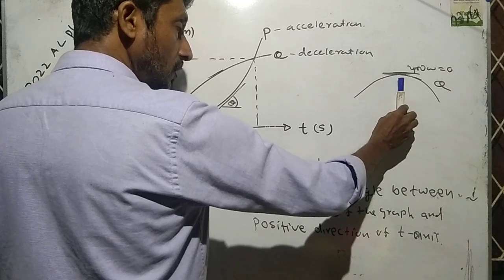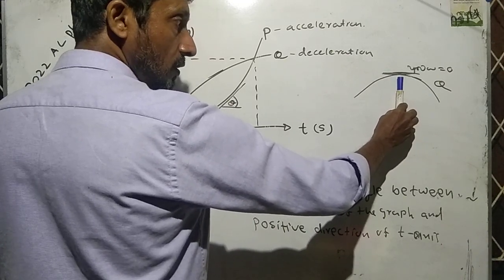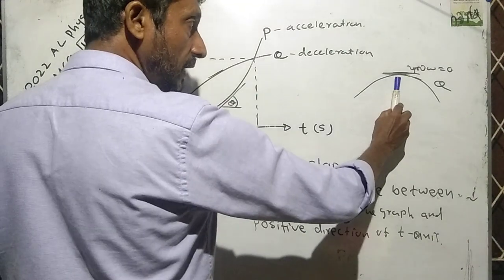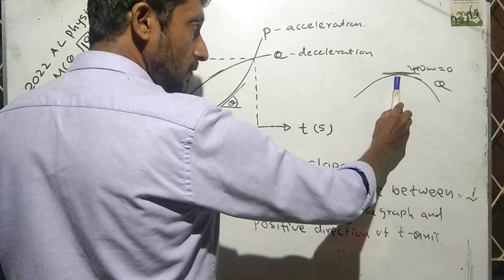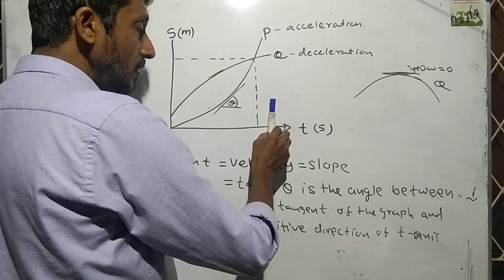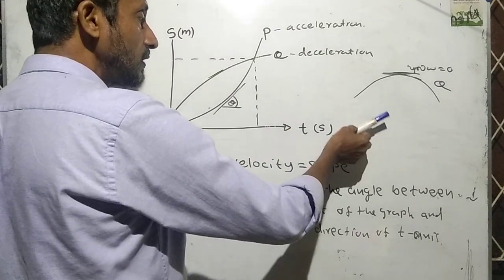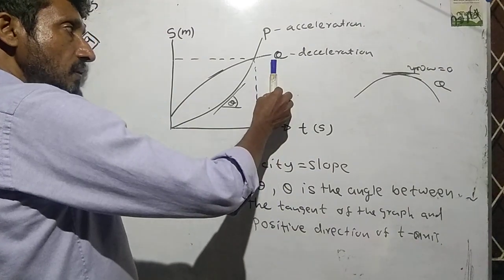Therefore, the gradient or slope becomes negative with time. But in this case, we considered only up to that point, only positive values of gradient.